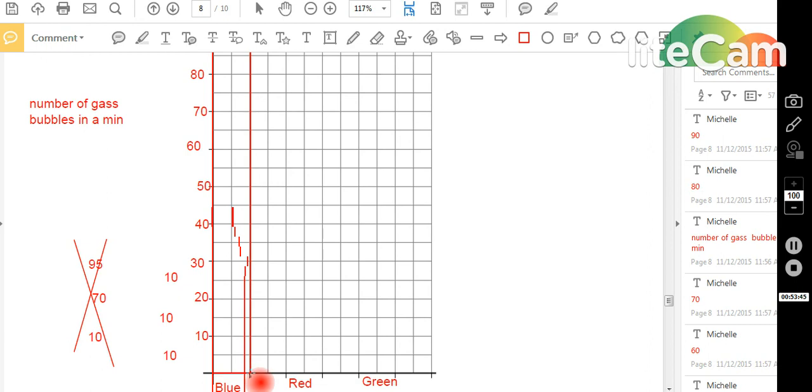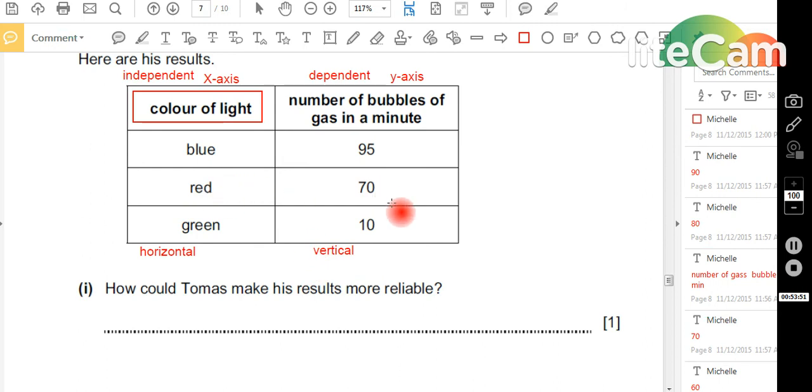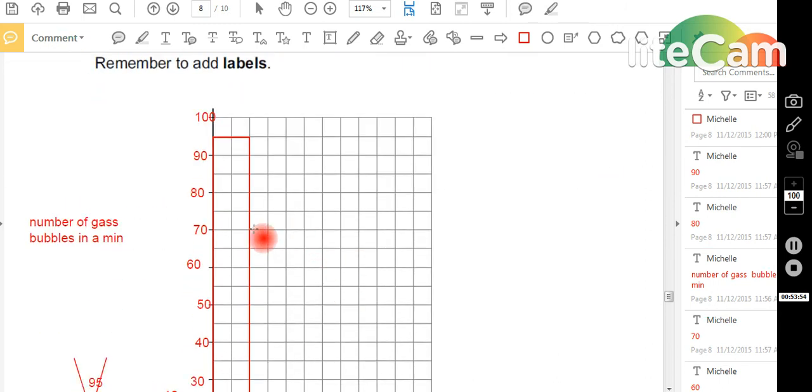The blue bar, which is going to look like that. The red bar goes up to 70. Okay, so then you leave 2 lines open. Here's 70.